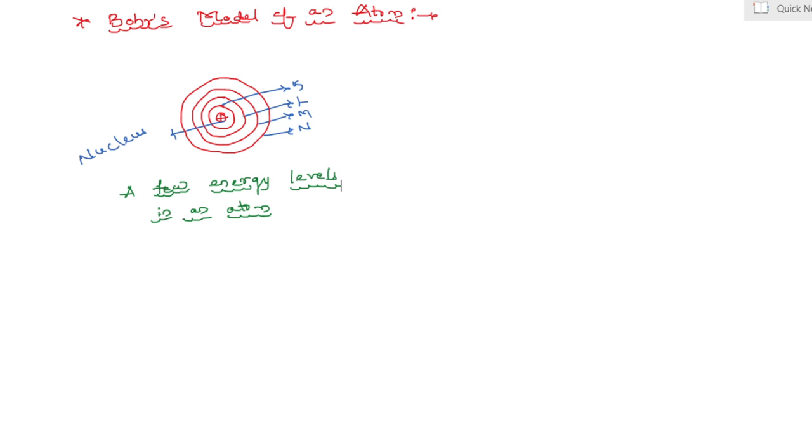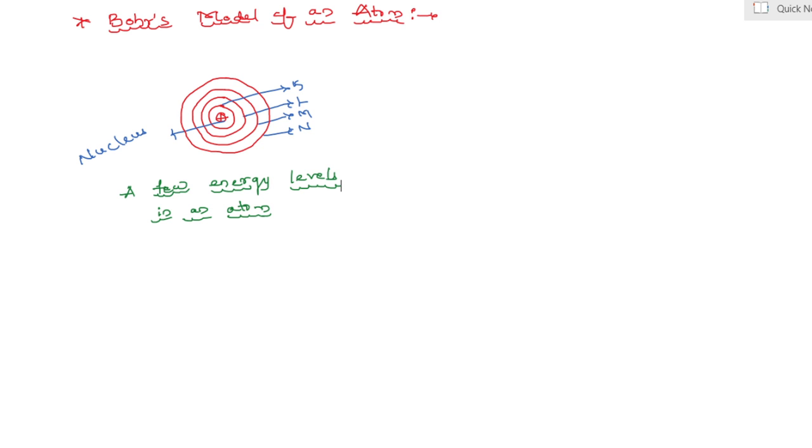The negative and positive charges are equal in magnitude. Therefore, the atom as a whole is electrically neutral. Third postulate, the mass of an atom is assumed to be uniformly distributed throughout the atom. Afterwards, limitations of Thomson's model of an atom.